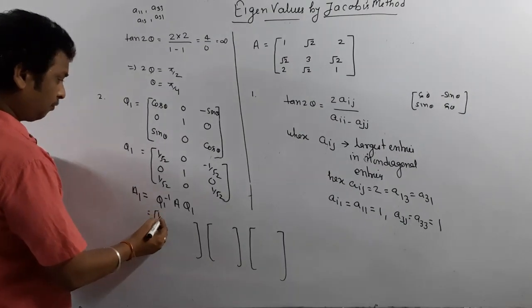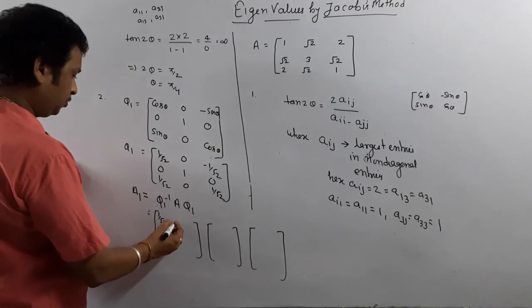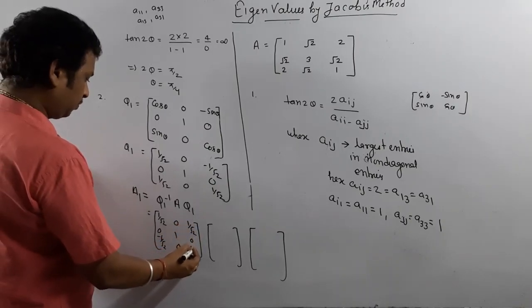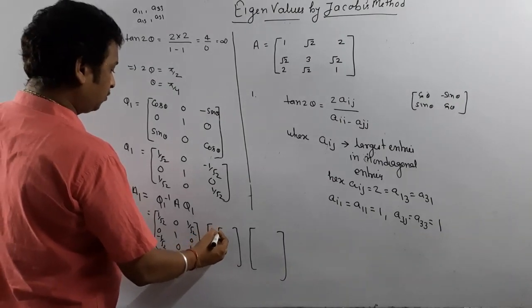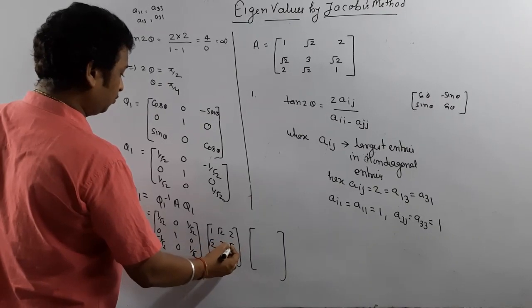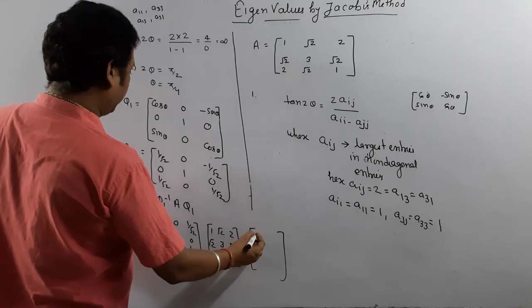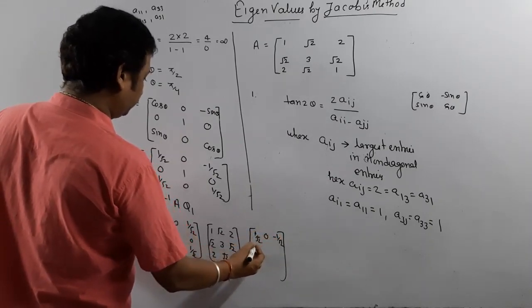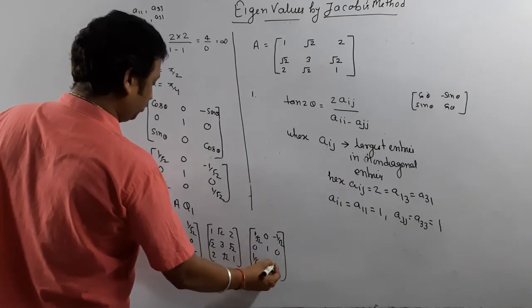A is 1, root 2, 2, root 2, 3, root 2, 2, root 2, 1.